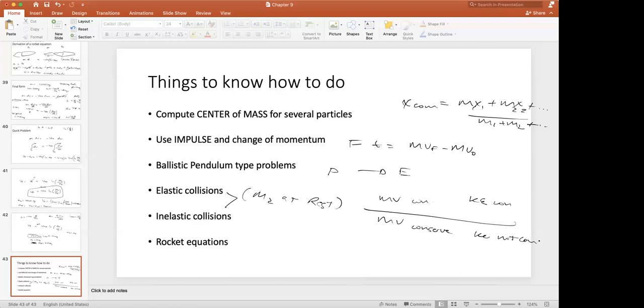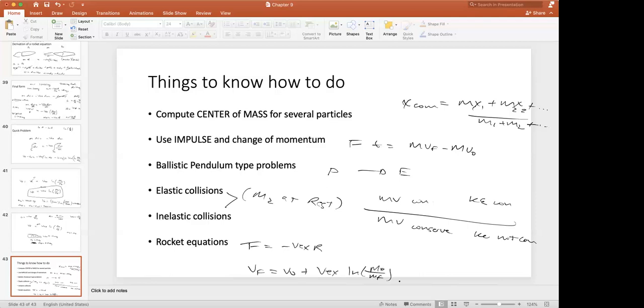You don't need to remember them, but know them, know how to use them, try and use them to do some collisions. And then finally, the rocket equation, just know that equation, know the 2 equations, that the thrust or force is minus VEX times R, and V final is V initial plus VEX ln mass initial over mass final.